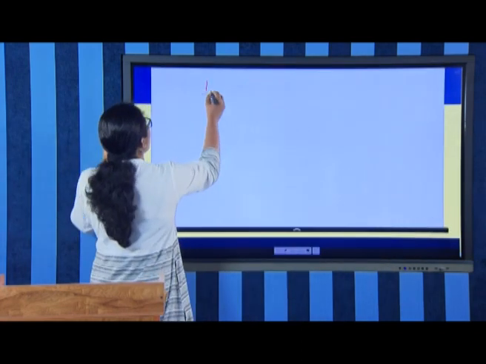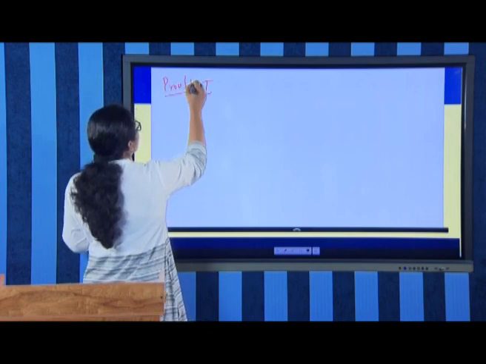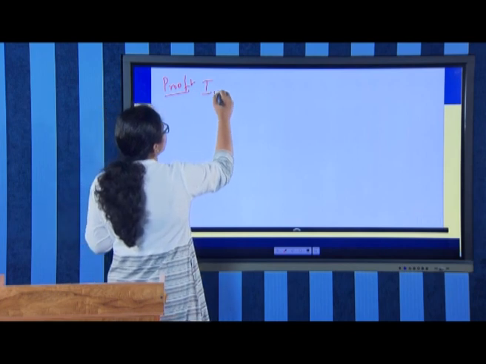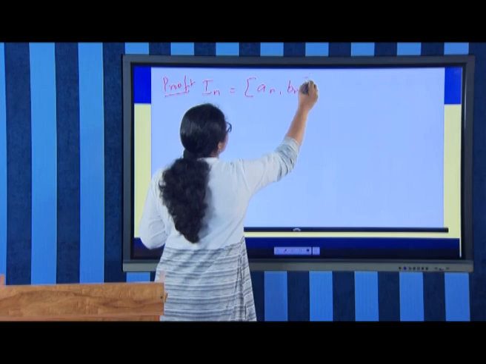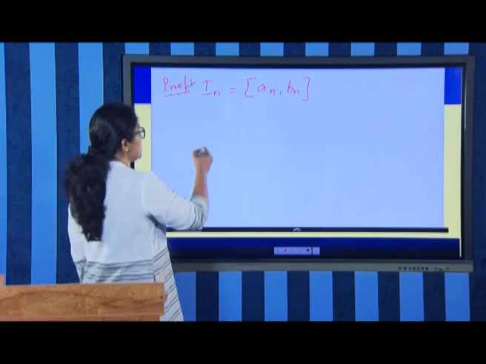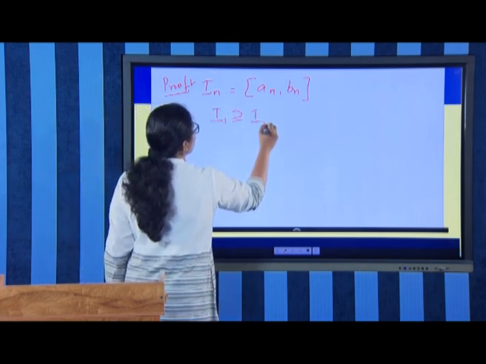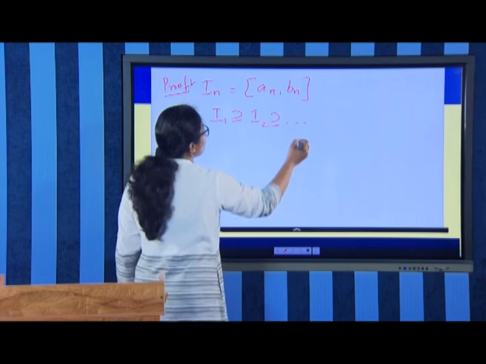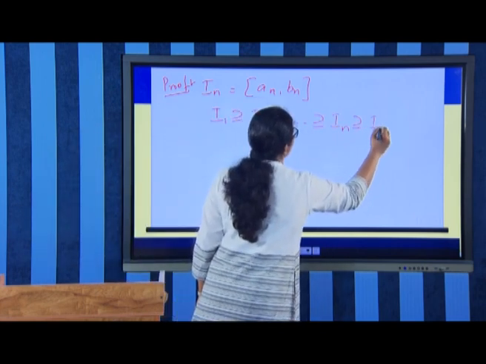We are given In equal to the closed interval [an, bn], a nested sequence of intervals, which means I1 contains I2, contains and so on, contains In, contains In plus 1, and so on.